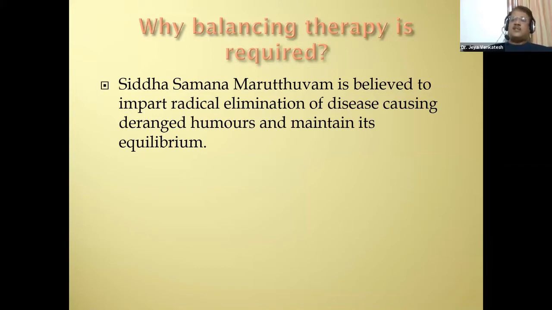In Siddha Sutama medicine, the entire lifespan is divided into three parts. If the entire lifespan is 100 years, then the first 33.3 years is Vada period. And the second 33.3 years is Pitta period.